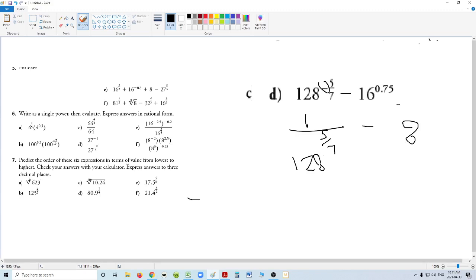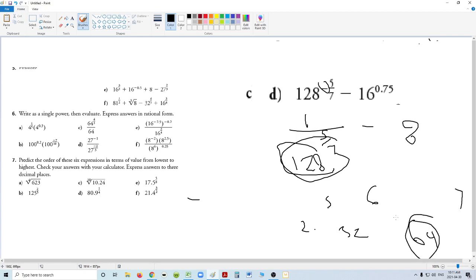So you're dealing with a 7th root of 128, which I think is possibly 2. So 16 is the 4th power of 2. 5 is 32. 6 is 64. 7 is 128. So yeah, that's 2.